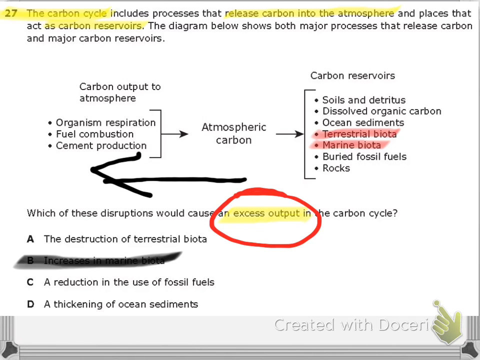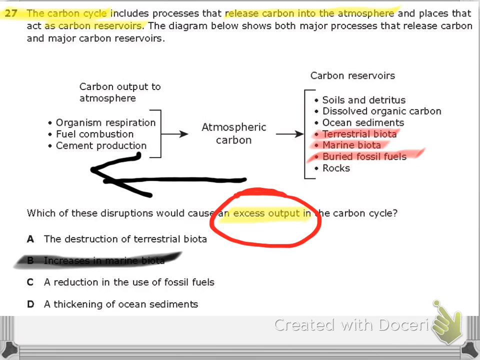Let's look at C. A reduction in the use of fossil fuels. We know that fossil fuels like oil and gas underground store carbon. They're a large carbon source. When they're underground, they're storing that carbon; when they're burned, they're releasing it into the atmosphere.